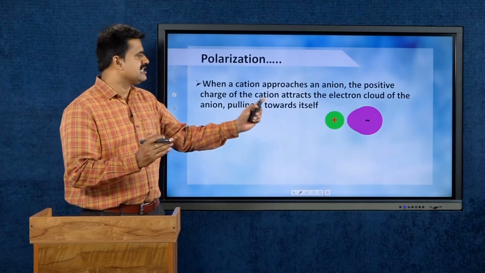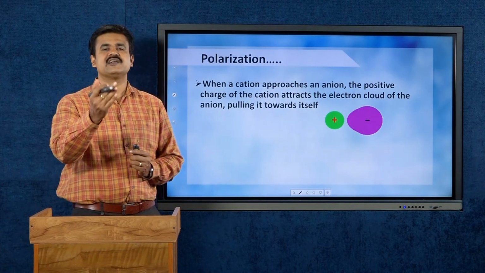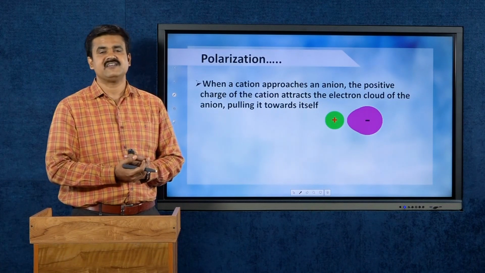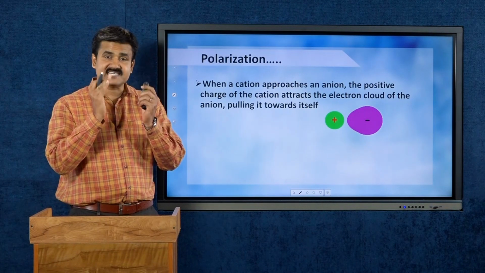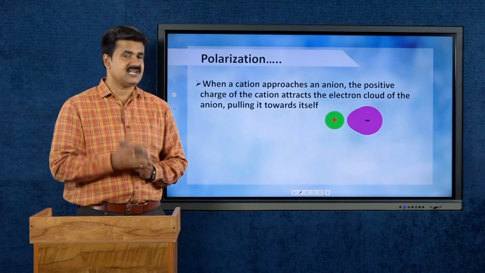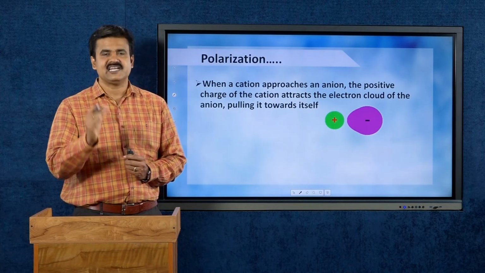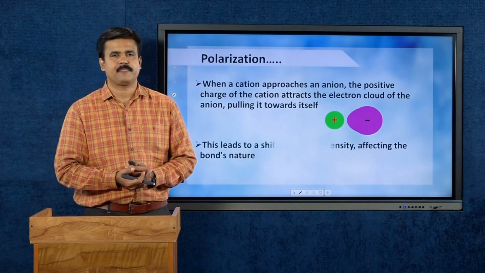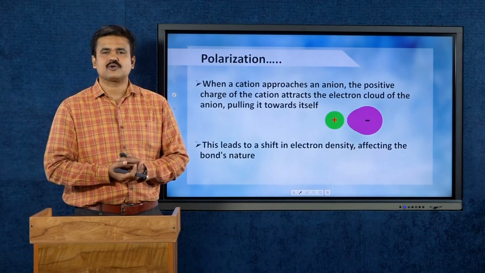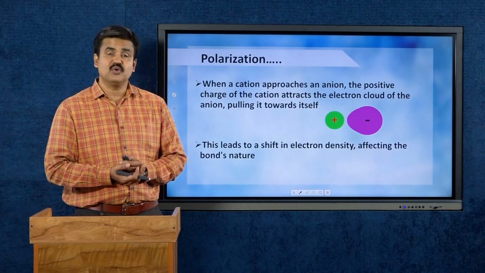However, in the presence of the cation, electron density of the anion is moving towards the positively charged cation. So, there is a distortion in the electron density of the anion in the presence of the cation. This clearly depicts the polarization. This polarization leads to a shift in electron density affecting the bond's nature.